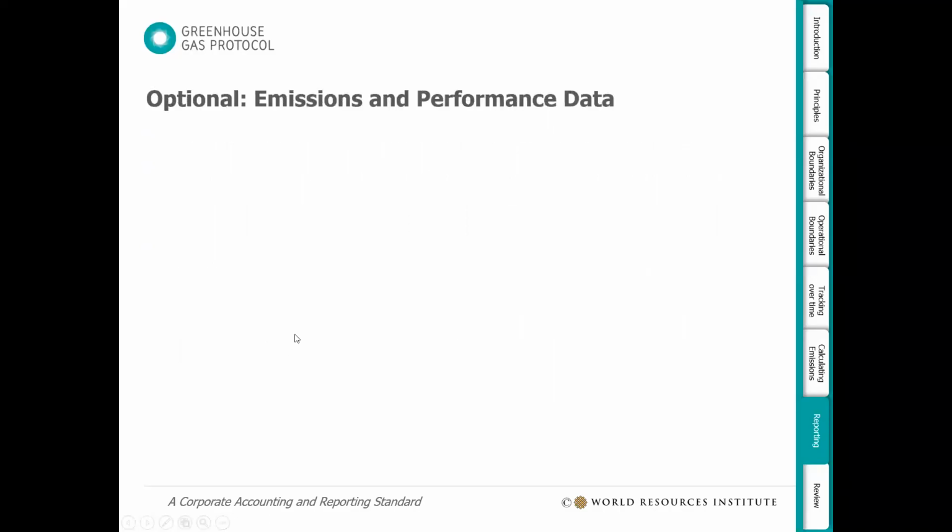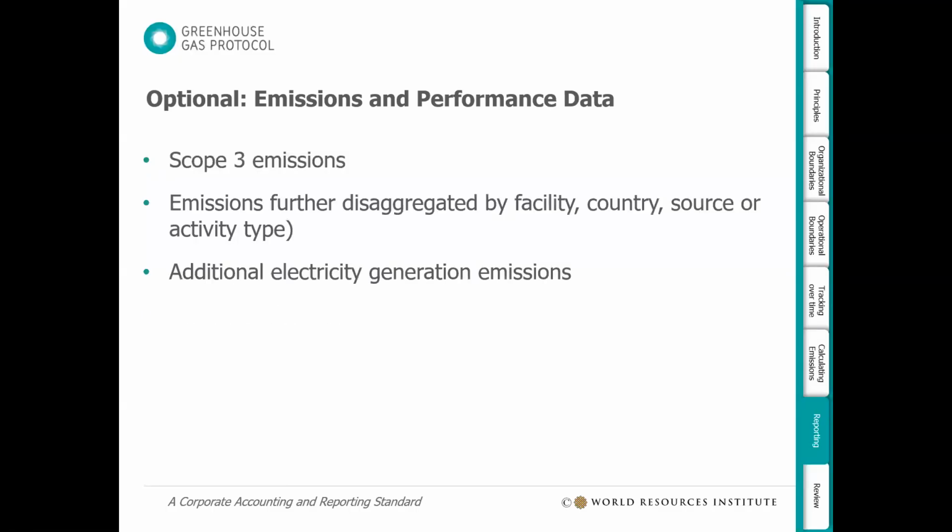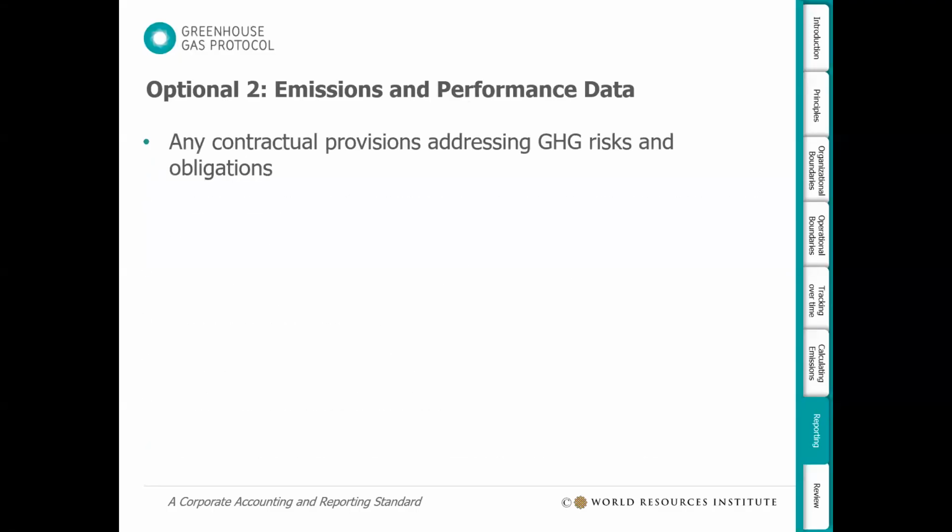If we step away from Scope 2 for a minute, as you can imagine, there are a wide variety of optional reporting elements that companies might decide to include in their inventories. I just want to highlight a few more on this slide. One element is information on any contractual provisions that address GHG-related risks and obligations.